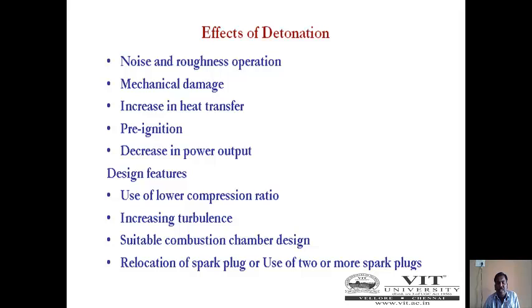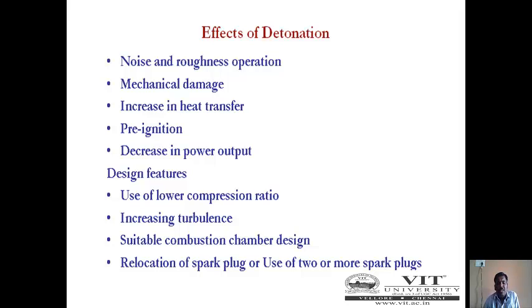To avoid these difficulties in the detonation process, we have to consider some design parameters. The first one is the use of a low compression ratio. The SI engine must be designed with a lower compression ratio. That's why the typical compression ratio of the petrol SI engine is around 8 to 12. Then increase in turbulence. A huge amount of turbulence might be generated during the combustion process.